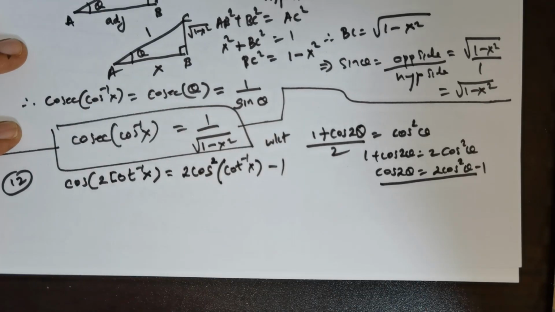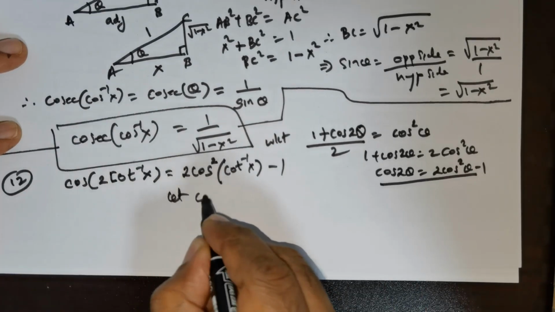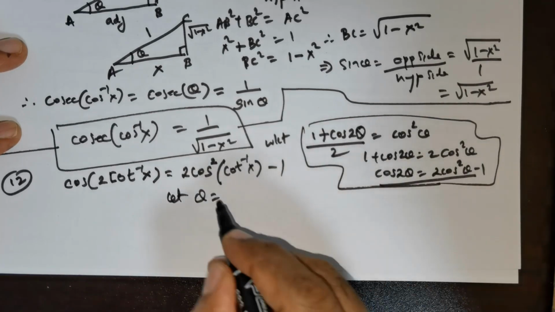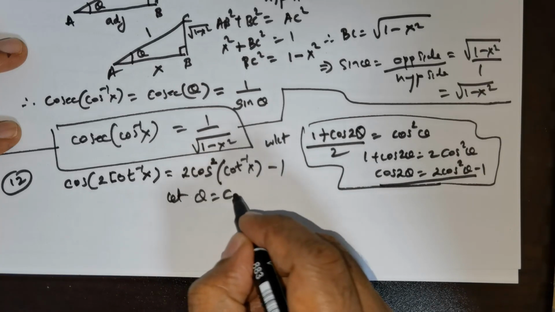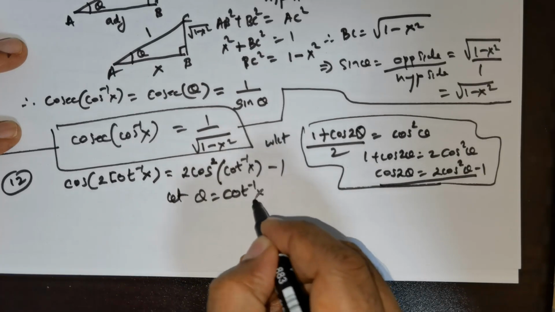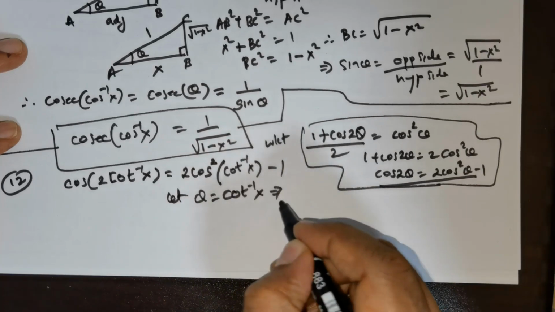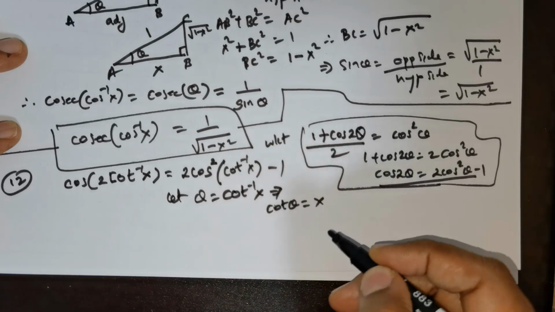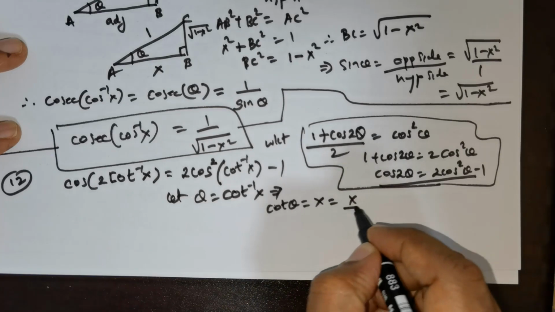Okay, now let me take theta, this is a side note, theta is taken to be cot inverse of x, so that would mean cot theta is equal to x, which is nothing but x over 1.